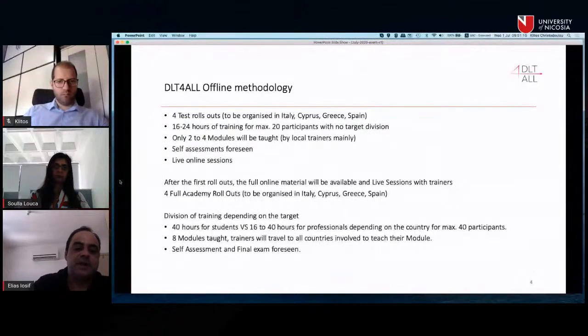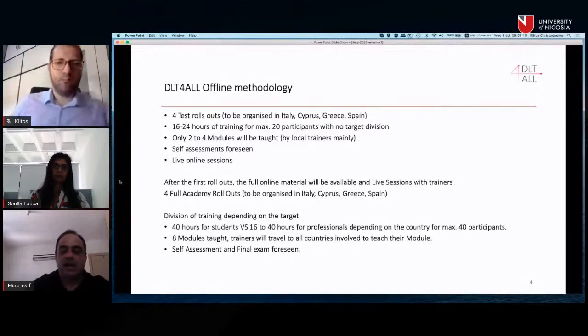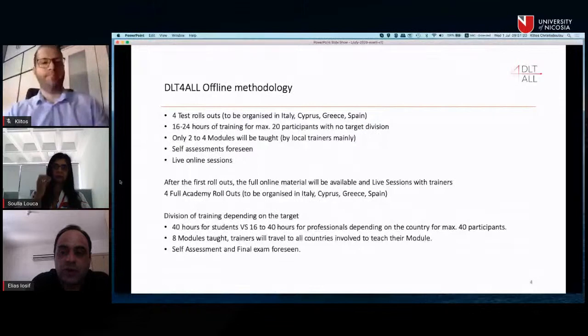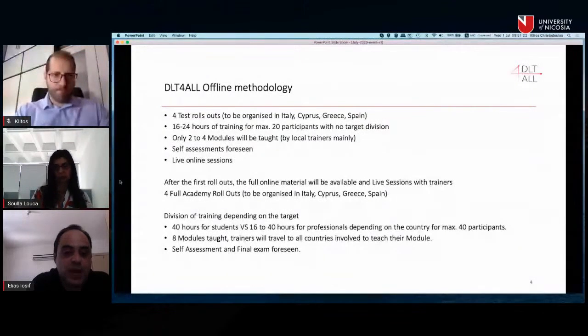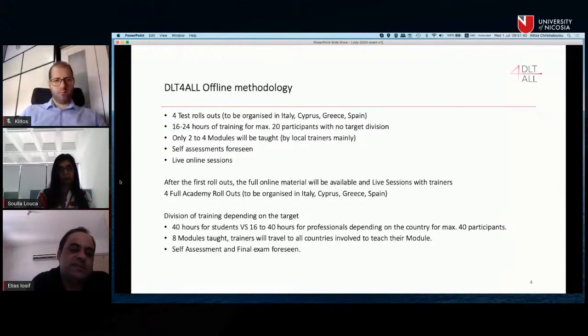If things, I'm referring to COVID-19, hopefully proceed well, we have plans for 4 test rollouts which are planned to be organized in Italy, Cyprus, Greece, Spain. The duration would be from 16 to 24 hours, having approximately 20 participants.